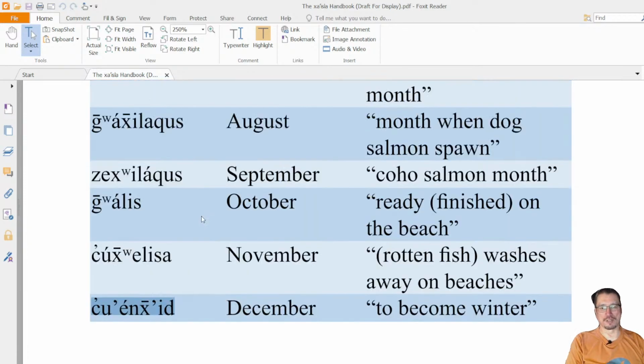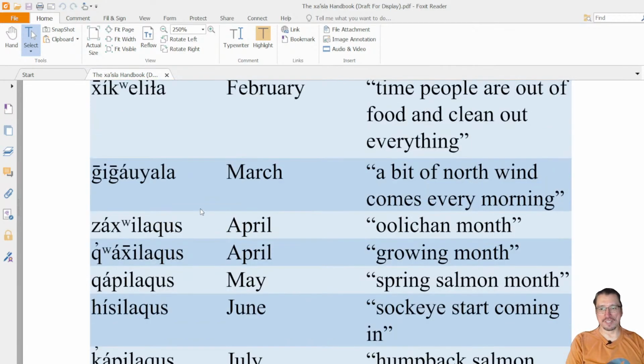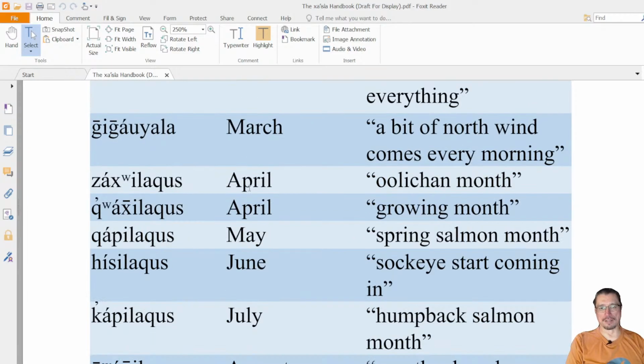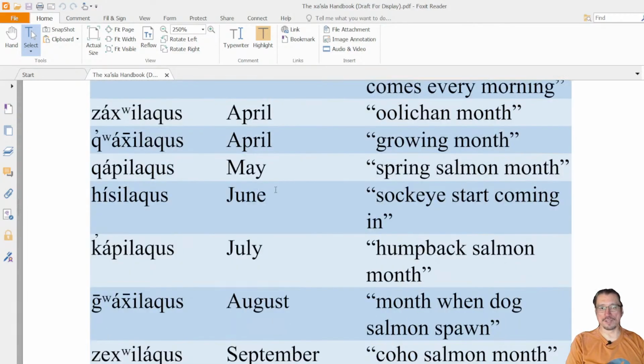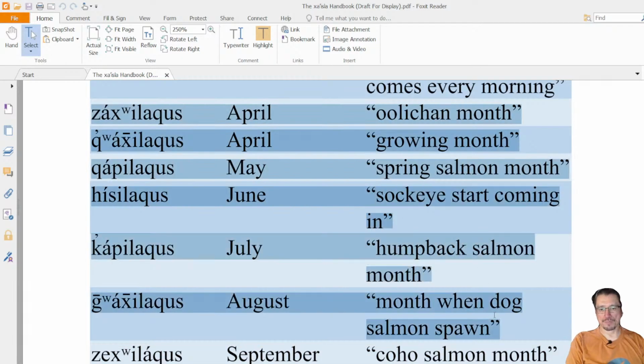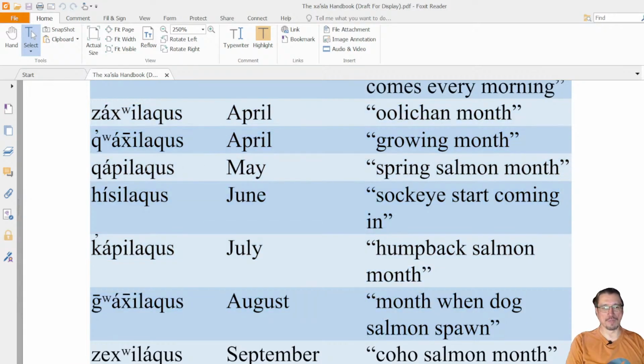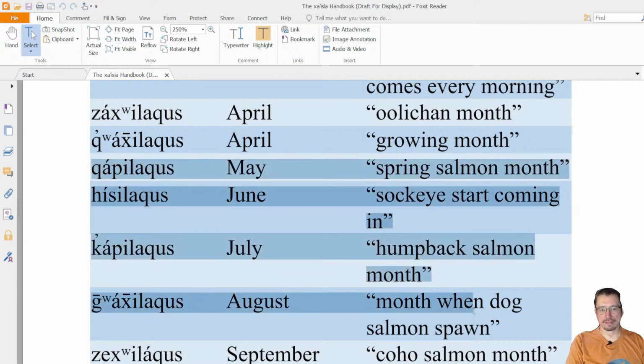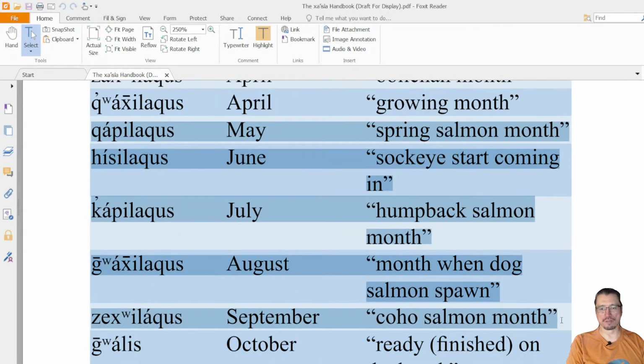So those are the months in á'isla, and something that you can use to help you memorize them is from April to August. They all follow the fish, the salmon species that spawn during that time. Especially from May to September.